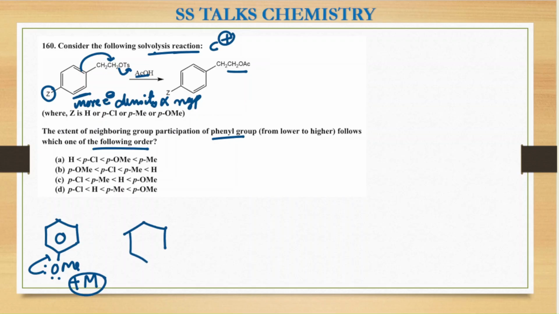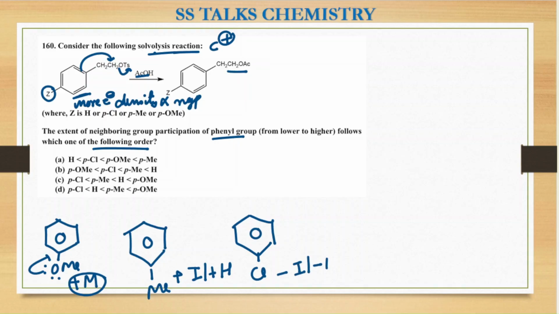Whereas if only the methyl substituent is attached, it can apply the inductive or the hyperconjugation effect, right? Whereas for the halogen atom, if it is attached, it is going to withdraw the electron density from here. So it is going to apply the minus I or minus M effect, basically decreasing the electron density from the benzene ring.